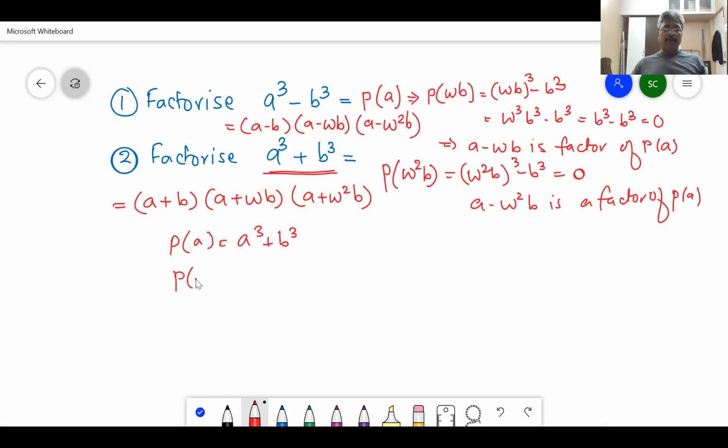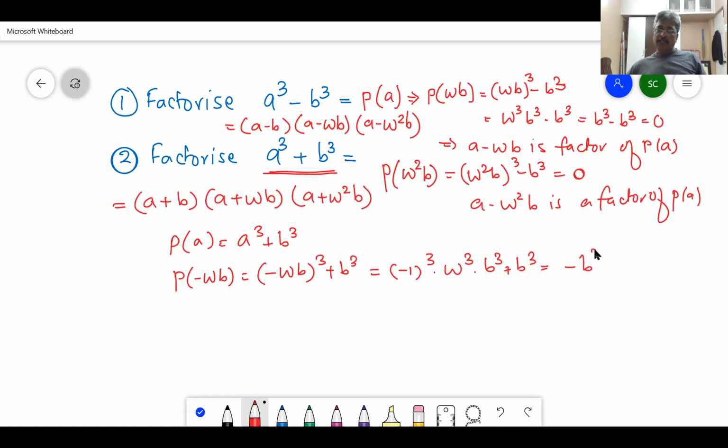Therefore, P of minus omega b is equal to minus omega b raised to 3 plus b cube, which is equal to minus 1 raised to 3 into omega raised to 3 into b raised to 3 plus b cube, which is equal to minus b cube plus b cube, which is equal to 0, and hence a plus omega b is a factor of P of a.